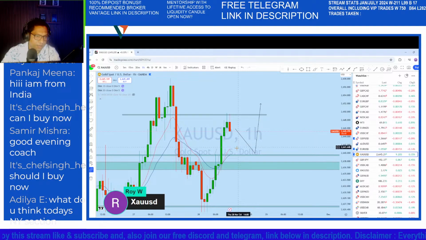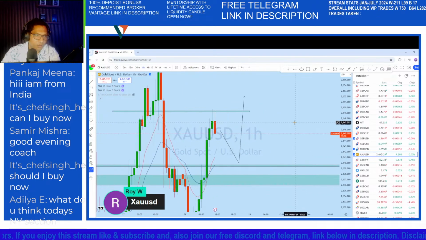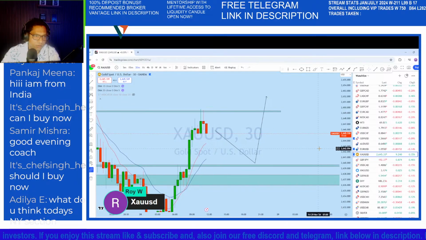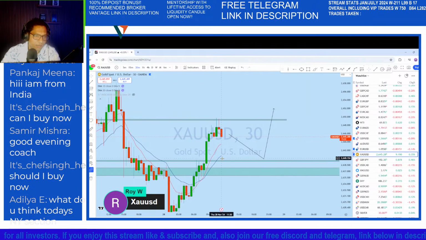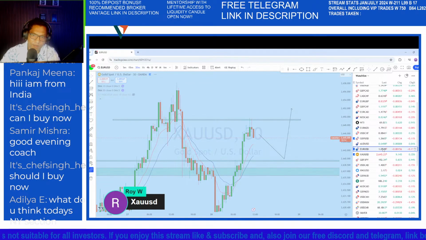We can see that there is a drop here, and with this drop, expecting it to come back down and then return back to the upside. Currently the market is coming back to that liquidity zone, and from that liquidity zone we can expect it to return back.